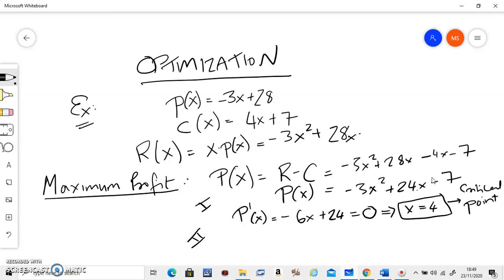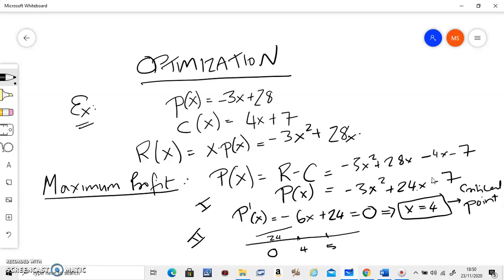Now, to check if it's a max or a min, you draw this on the number line. Same steps as before. Pick something on the left of it, the easiest one to pick is 0, and pick something on the right of it, which is 5, and plug these into the P prime. In place of x, if you plug in 0, you get 24.